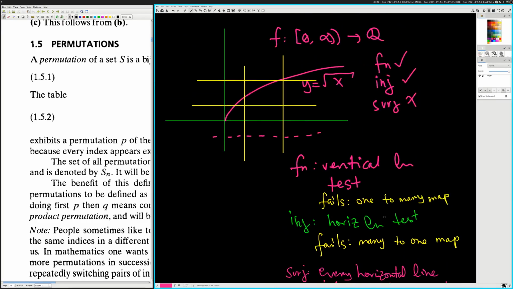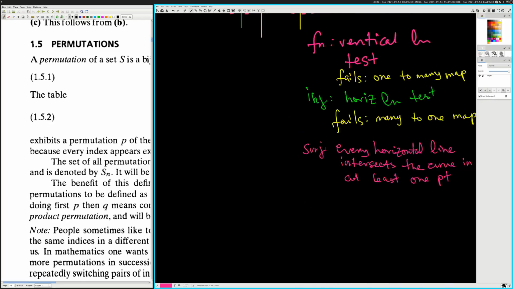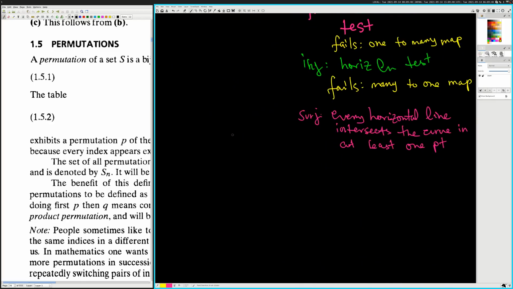So this is a function that's injective but not surjective. Let me draw a function that is surjective but not injective.